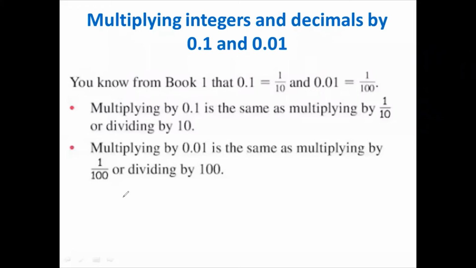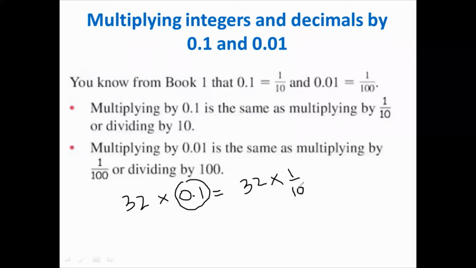So for example, if I have the number 32 and I have to multiply it by 0.1, 0.1 can be written as 1 over 10. So 32 multiplied by 1 over 10.